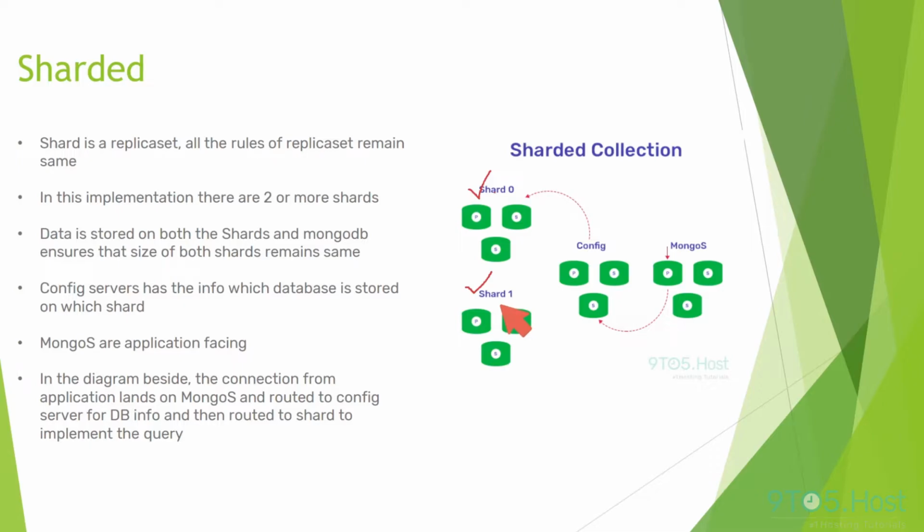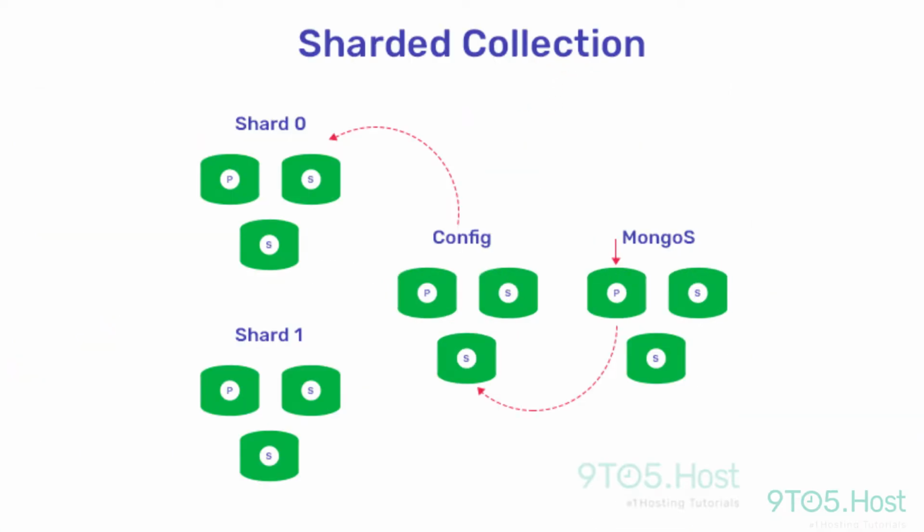The red arrow indicates the application-facing servers. You can have more than one mongos. Here in this example, we have three mongos, because if one of the mongos goes down, we have multiple mongos covered, which would serve the application.